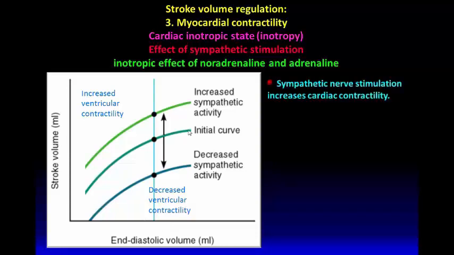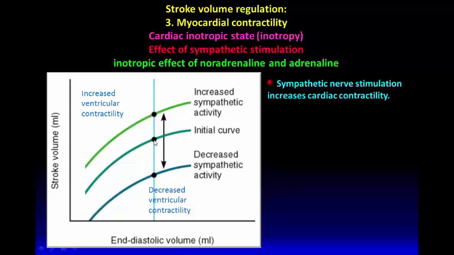With sympathetic stimulation, the cardiac contractility increases and shifts Starling's curve up and to the left. So a left ventricle with increased sympathetic stimulation would eject a bigger stroke volume at the same end diastolic volume.